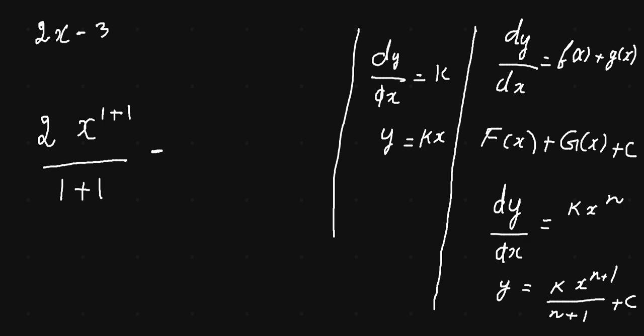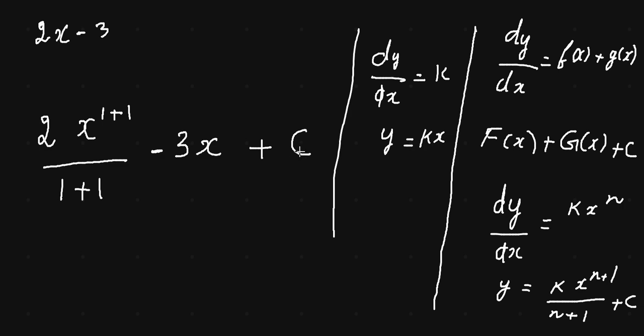Then I'm going to look at 3. If dy by dx is k, then it will be kx. So if it is minus 3, it will be minus 3x. Then we add the constant. Remember that when we are adding too many constants, you don't have to write constant plus constant plus constant.